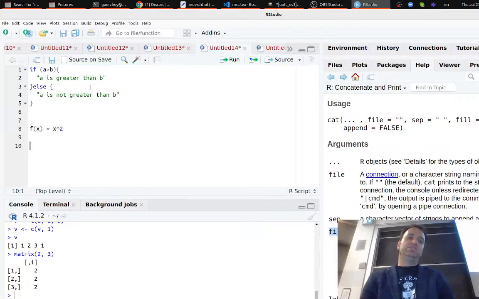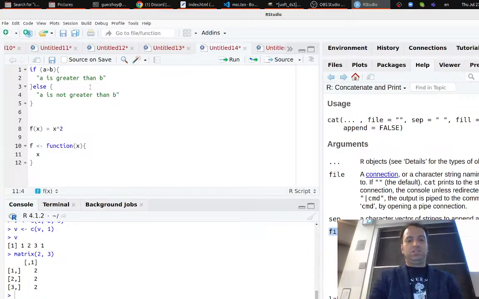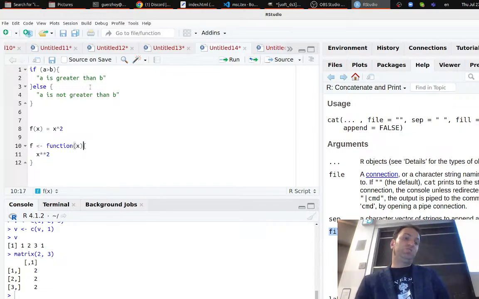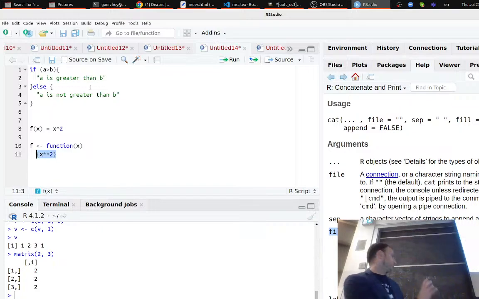This is the math function, and then the R equivalent is this, and again the x squared has to be in curly braces. This is how people usually write it. Technically, R doesn't care if you write it like this, so that's valid as well. Maybe that makes the analogy clearer. The rule is just that it has to be in curly braces.